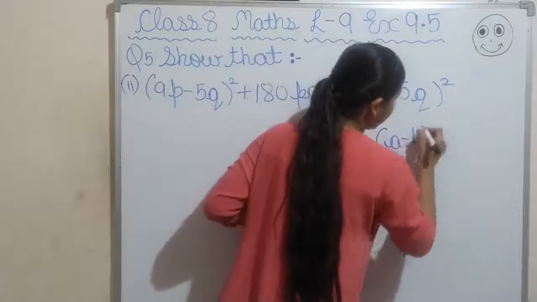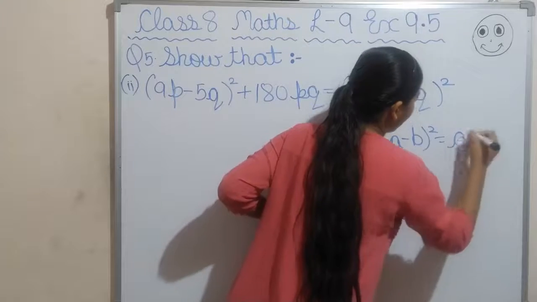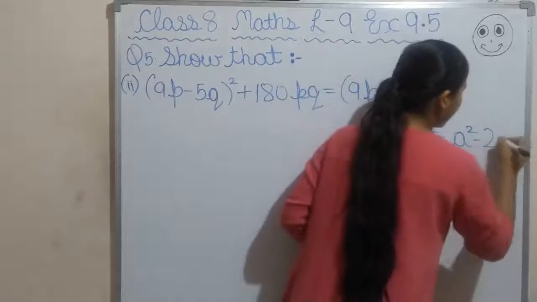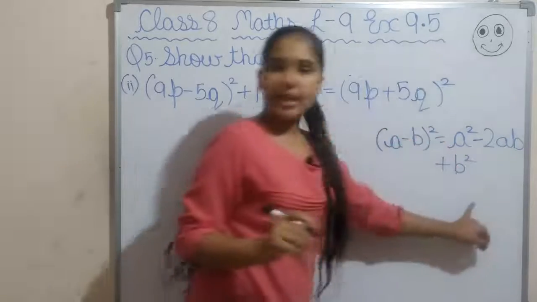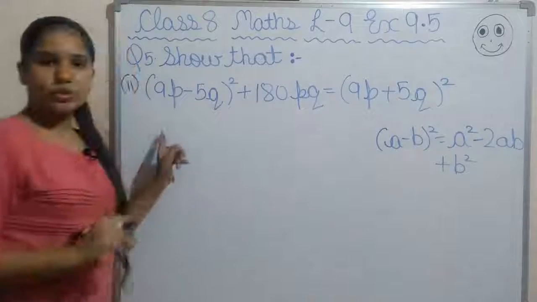(a minus b) whole square is equal to a square minus 2ab plus b square. This is the second identity we are going to use here.